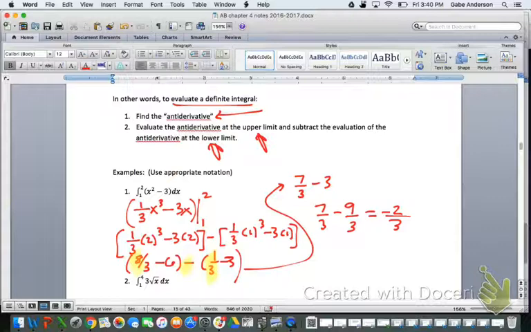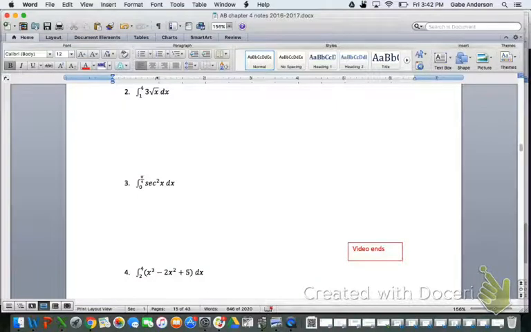Let's take a look at example 2. In example 2, I think we could do a couple of things before we get started with the antiderivatives. I'd pull the 3 out of the integrand, and I would rewrite my root x as x to the 1/2. Once I've done that, I can hopefully successfully do the antiderivative.